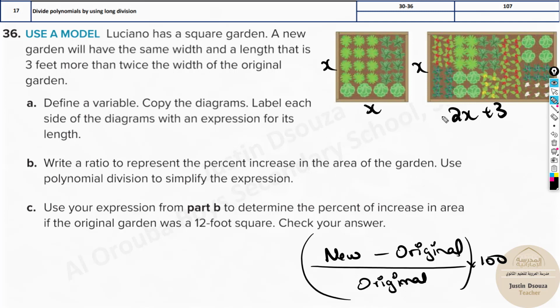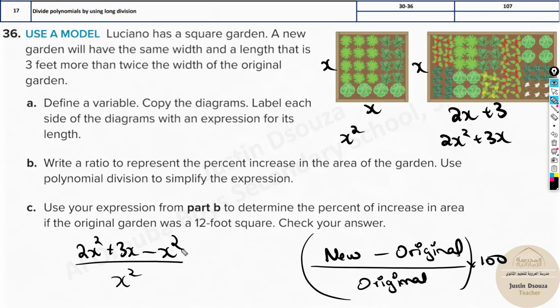Okay, what you're basically doing is, let's write what is the new area. So multiply these two. The original area was x squared. What is the new area? Multiply 2x plus 3 into x, that is 2x squared plus 3x. So let's write it in the formula over here. New area is 2x squared plus 3x minus x squared divided by x squared, into 100.